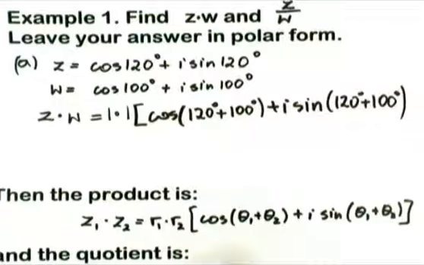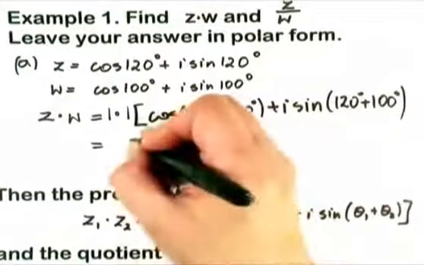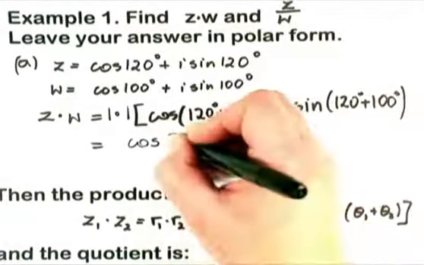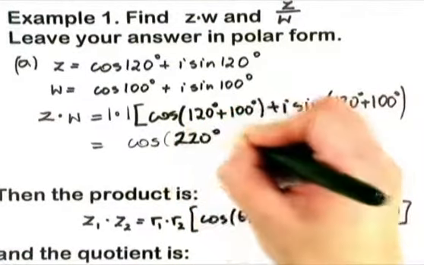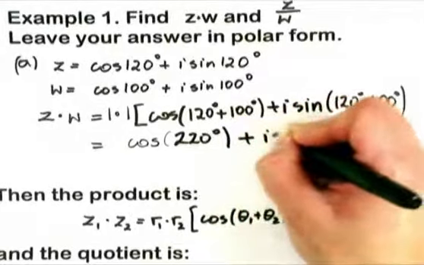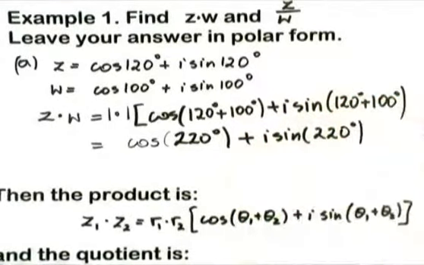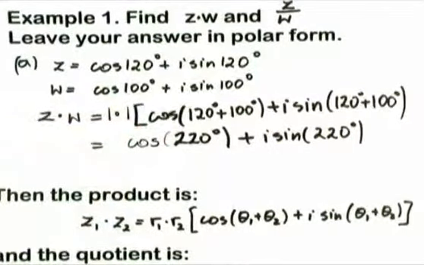We can work this out. 1 times 1 is 1, so we can omit this. Now we have cos 120 plus 100 is 220, plus i sine the same 220 degrees. And they ask us to leave it in polar form, so that's the polar form of the product.